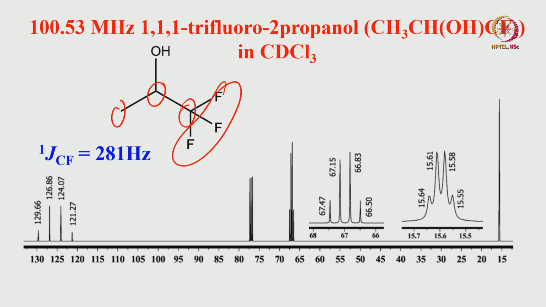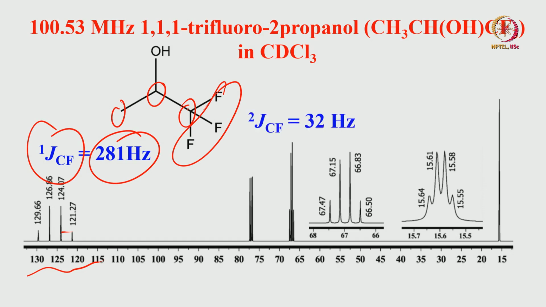The CF3 carbon you see coming in the aromatic range. Usually we get aromatic carbons here around 120, 130, but the CF3 carbon is coming here. Do not get surprised, all these things can happen in NMR. You measure the separation, this is 280 Hertz. 1 bond CF coupling is very large. So I would fairly put this as 1JCF, and that corresponds to this carbon. Go to the next one, 2JCF.